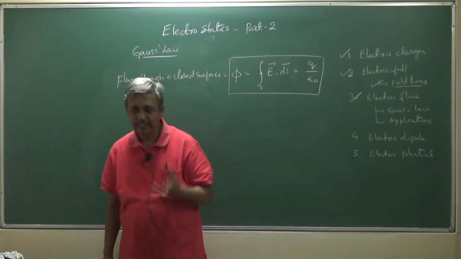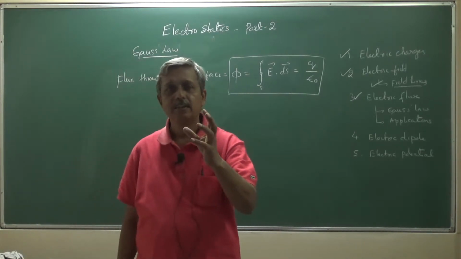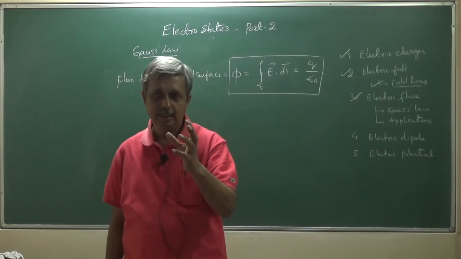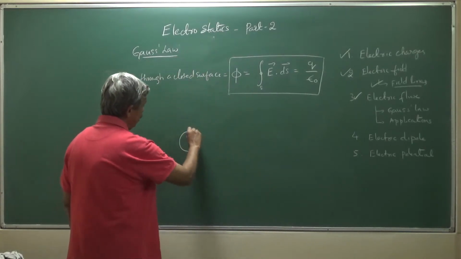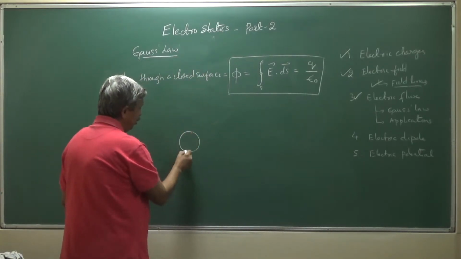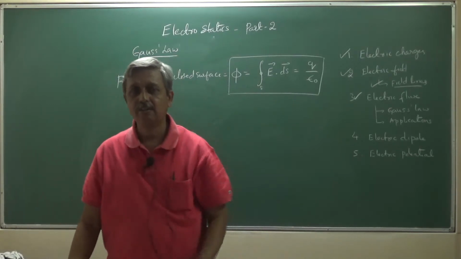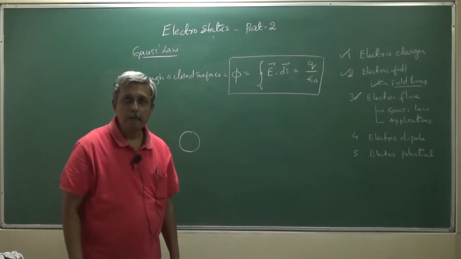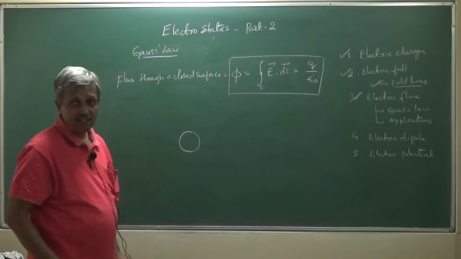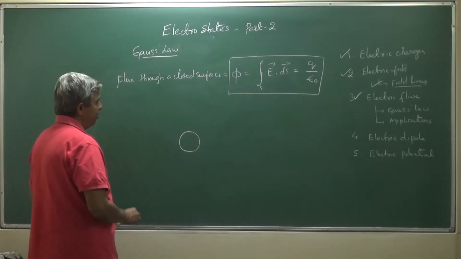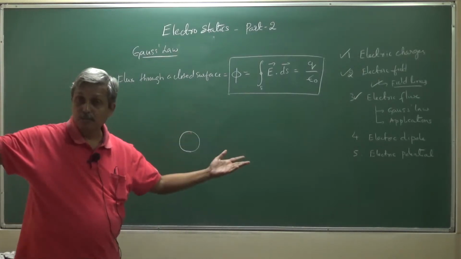So let us say I have a ball, a small ball, a tennis ball, any ball. Now I will keep this ball in the middle of some room, a circular room or a cylindrical room.